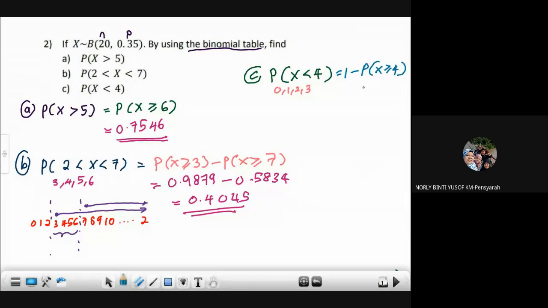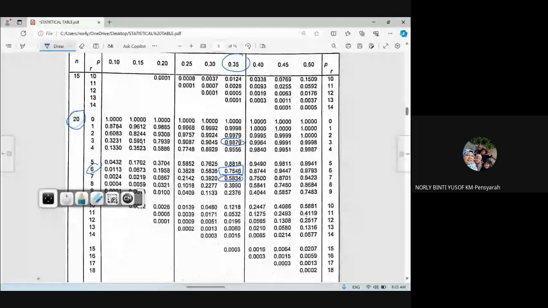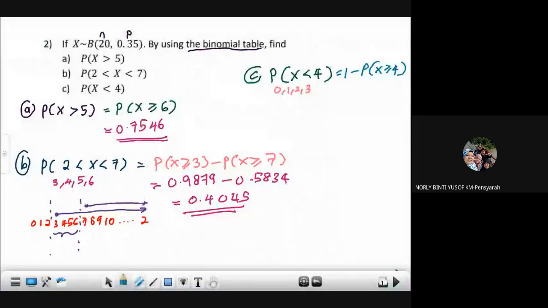Then you read lah for the R4. So baca 4 masih dalam N20 P0.35. Nilai dia adalah 0.9556. So masukkan 1 minus 0.9556. So you got 0.0444. Okay, in 4 decimal places lah the value. Because you take from the table pun 4 tempat perpuluhan. Okay, so that is question number 2.